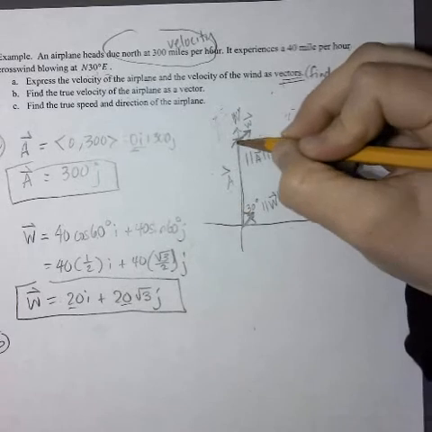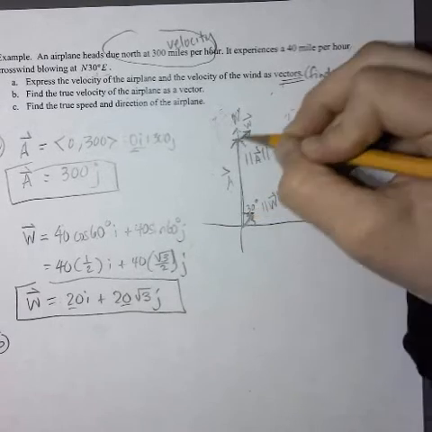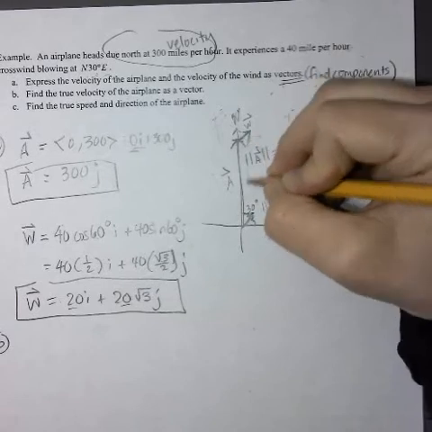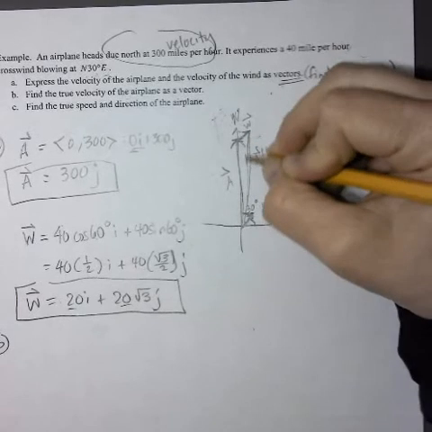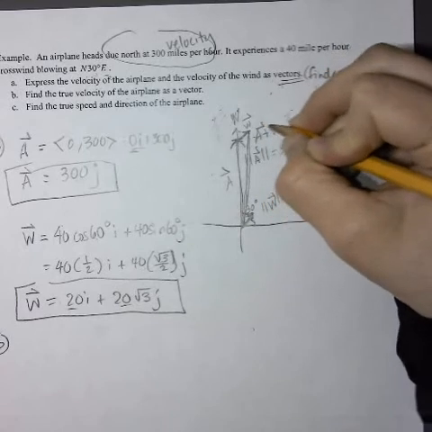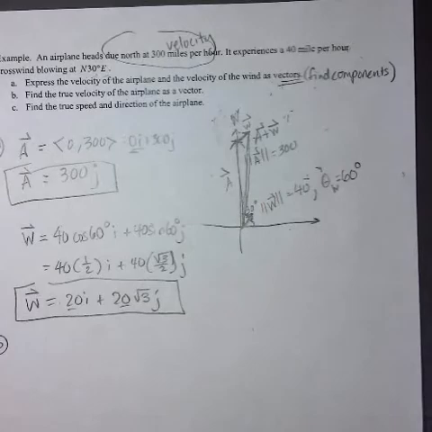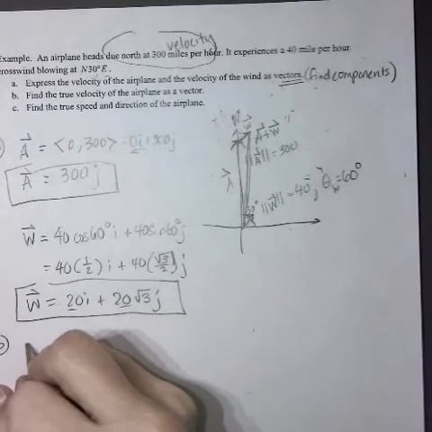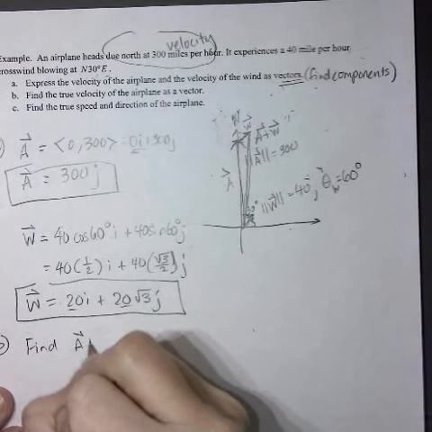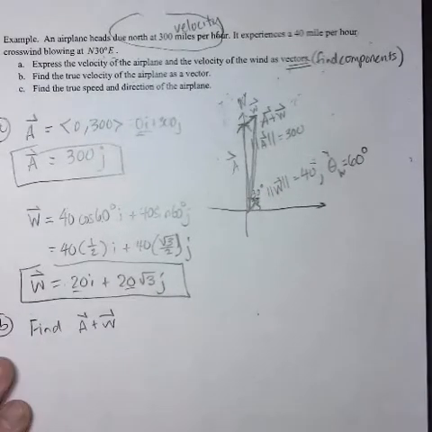This has to be parallel to the position vector, of course, and the sum of these two vectors, A plus W, is where the airplane ends up. So for part B, you want to find vector A plus W. And this is as a vector.